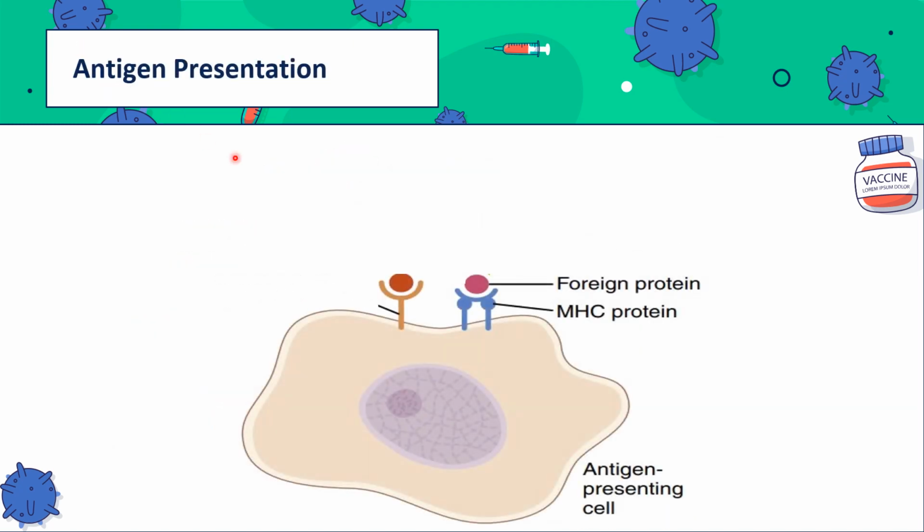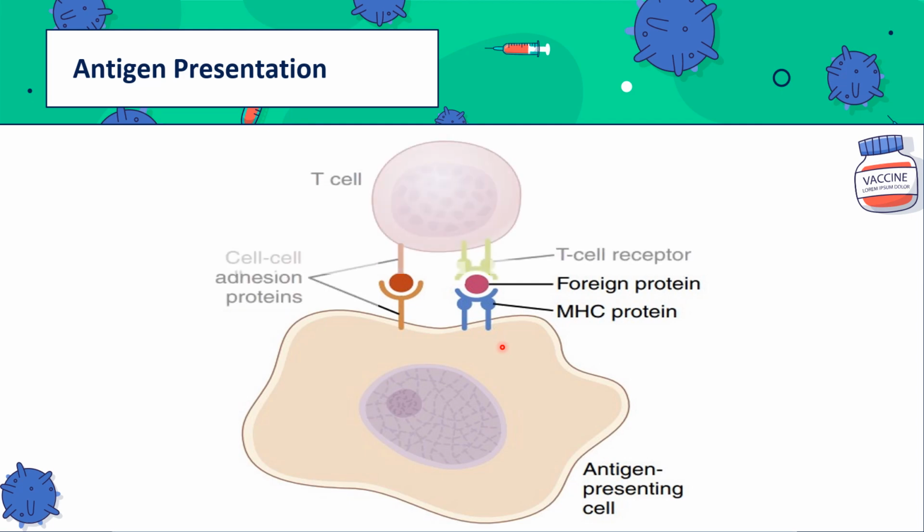The antigen presenting cell with the antigen and the MHC2 complex circulates in the blood and the lymph until it finds a proper T cell receptor. When it finds the T cell receptor, it binds with it and activates the T cell.